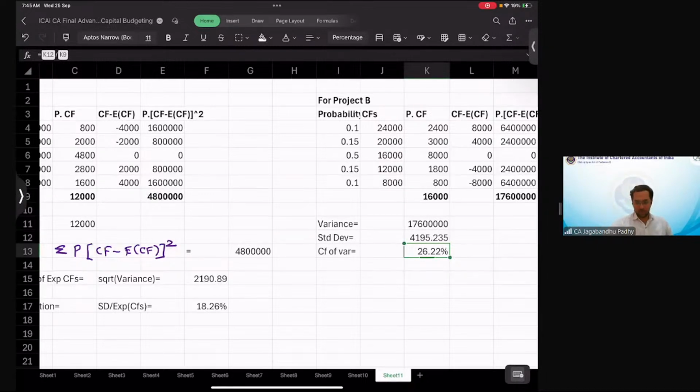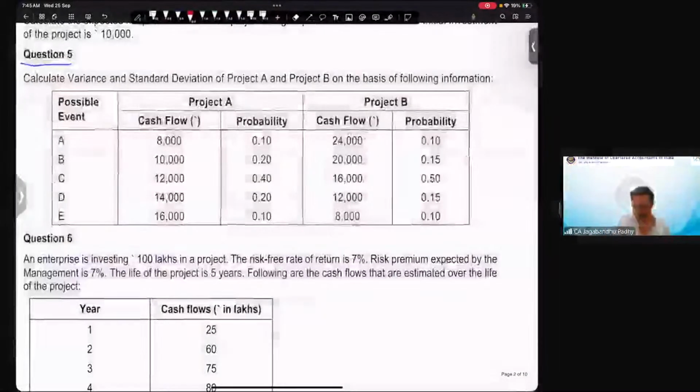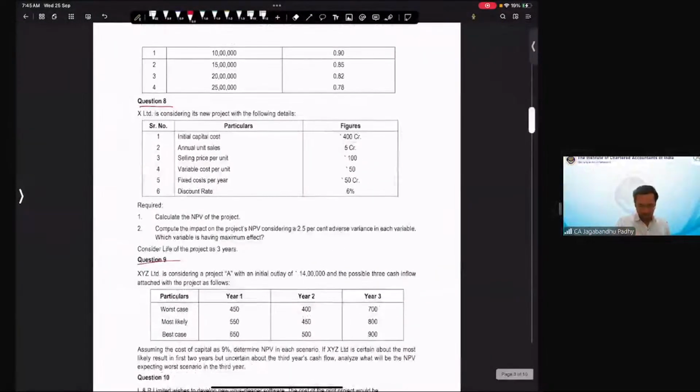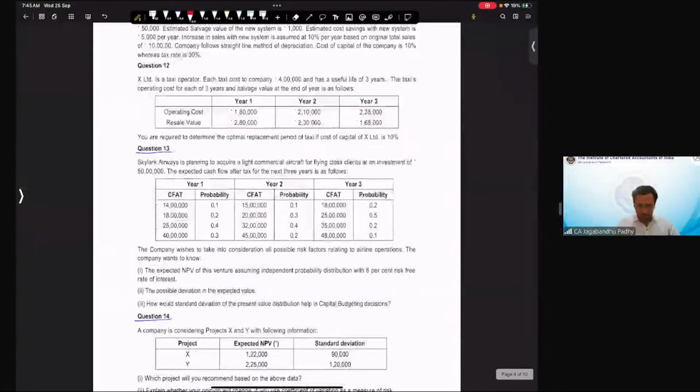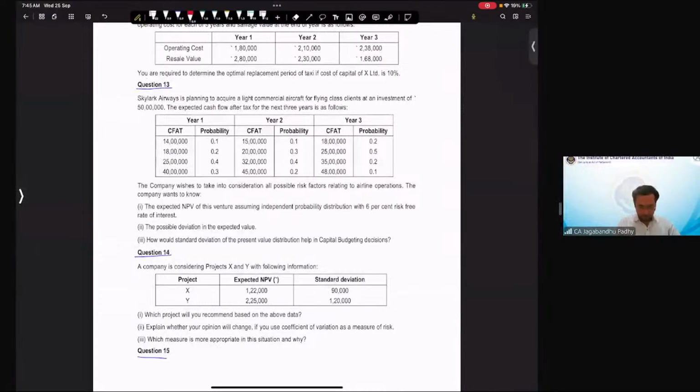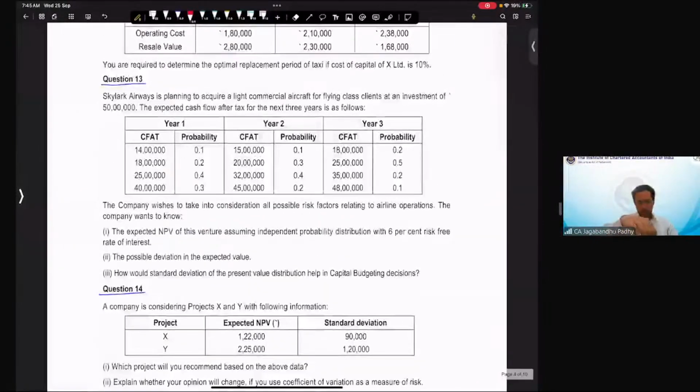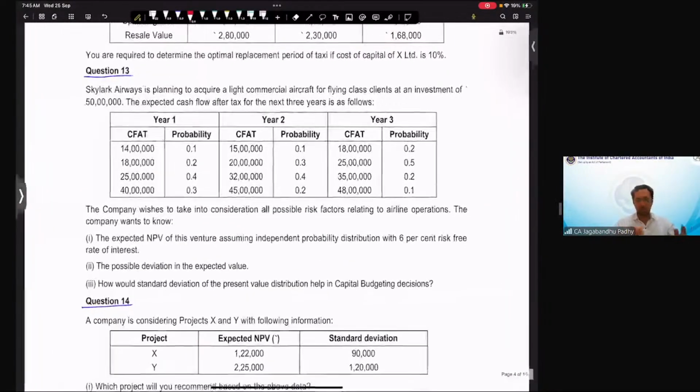Okay. Now let's proceed with the next aspect. We'll do one of the questions, which is again with regards to probability, just one question. I'm giving you a few questions as homework, guys.